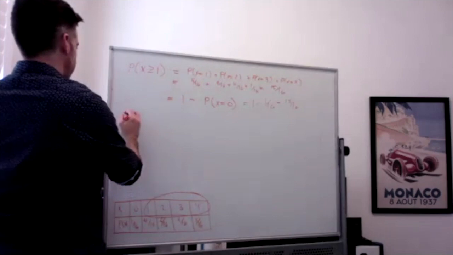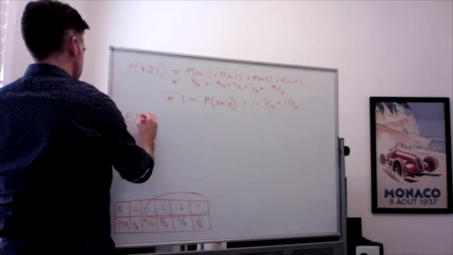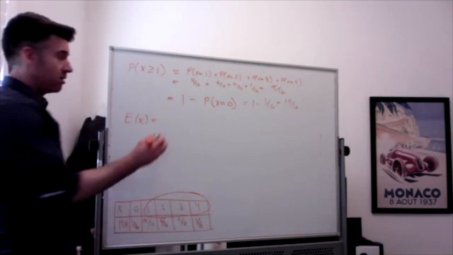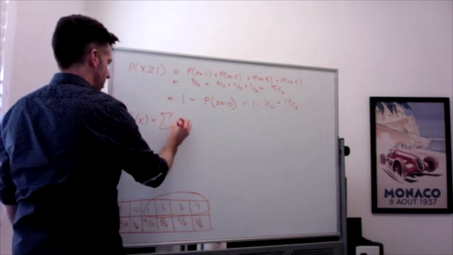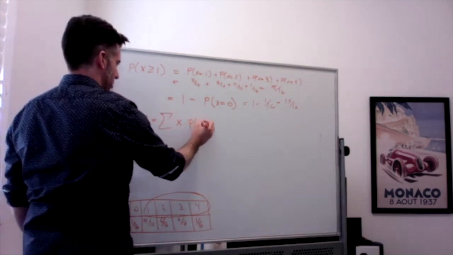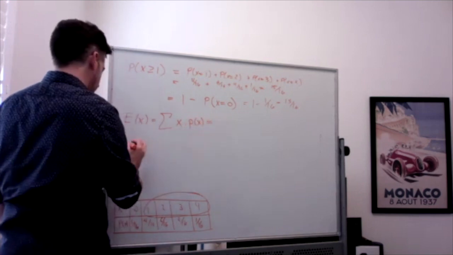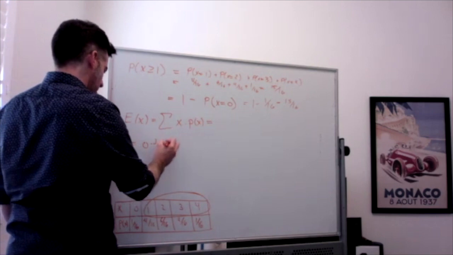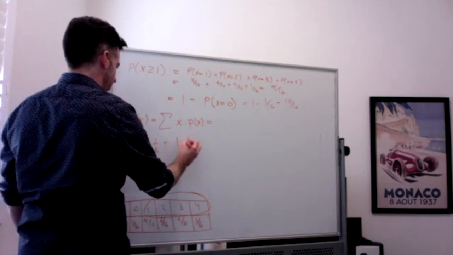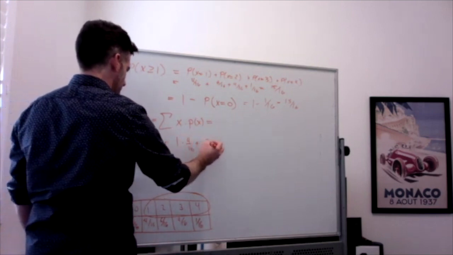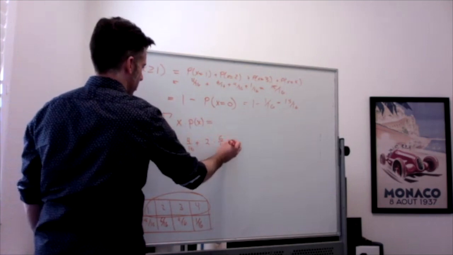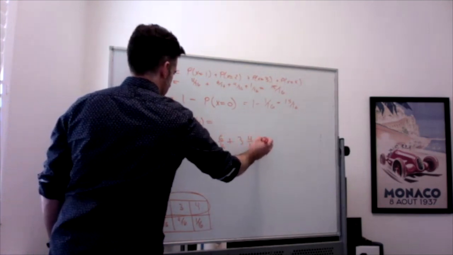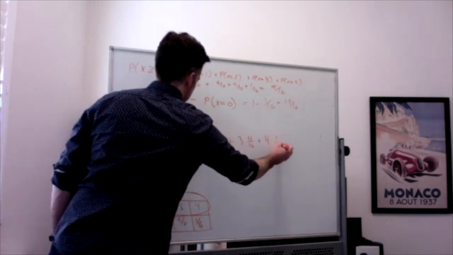So the expected value of x, well, again, it's the sum of the values times their probabilities. That's going to be 0 times 1/16 plus 1 times 4/16 plus 2 times 6/16 plus 3 times 4/16 plus 4 times 1/16.